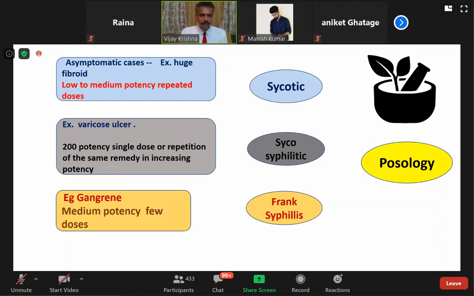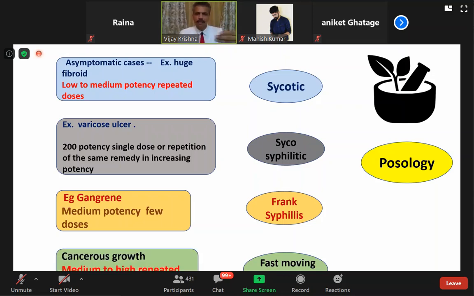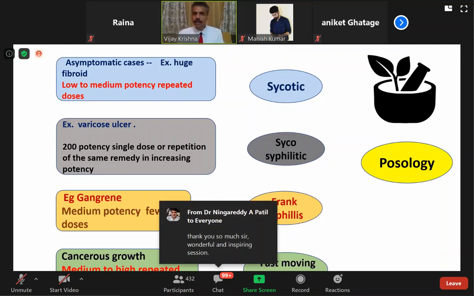If it is fast moving syphilis, for example you have cancer, say squamous cell carcinoma. I have a case of squamous cell carcinoma, which must be on a different platform, I'll discuss that. We have a case of gastric cancer, and it is squamous cell carcinoma.